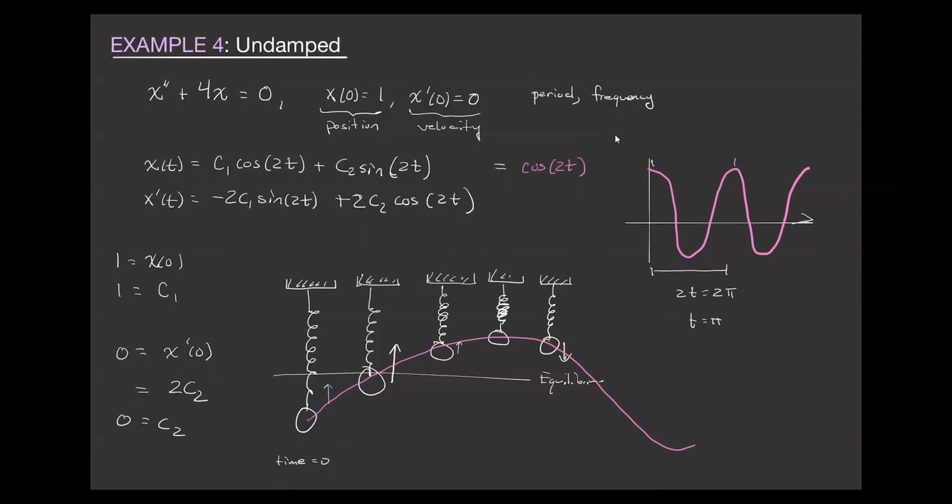It took 2 pi for normal cosine, and this moves twice as fast. And notice this is kind of the upside down version of this, because the positive axis is like this, where here it's going upwards.